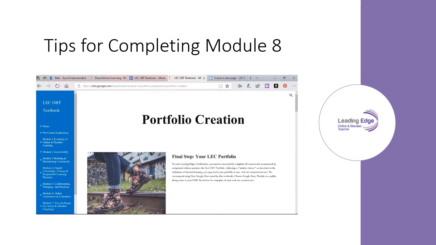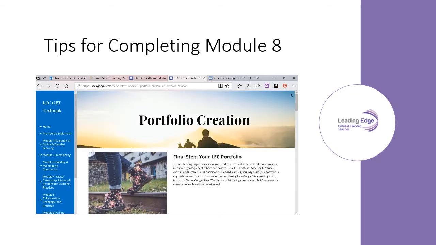Click next page. And now this page here is the depth of what you need to do to create your portfolio. So as it states here, we recommend you use the new Google Sites. In fact, that's what this whole textbook has been built in. It's very easy to use, but you're welcome to use classic Google Sites, Weebly, you can use Sway.